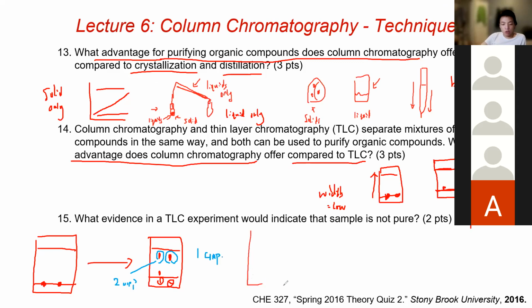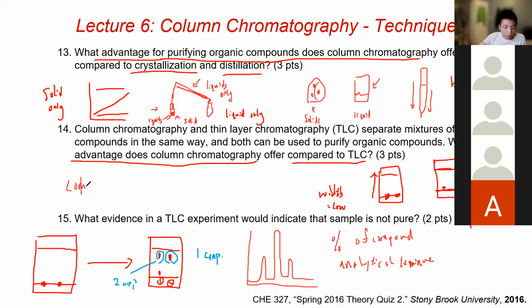One of the nice things about gas chromatography is that you can see exactly what the composition of each compound was, to an exact value, like percent of compound based on the area you have. And GC is more or less an analytical technique. And column is a preparative technique.